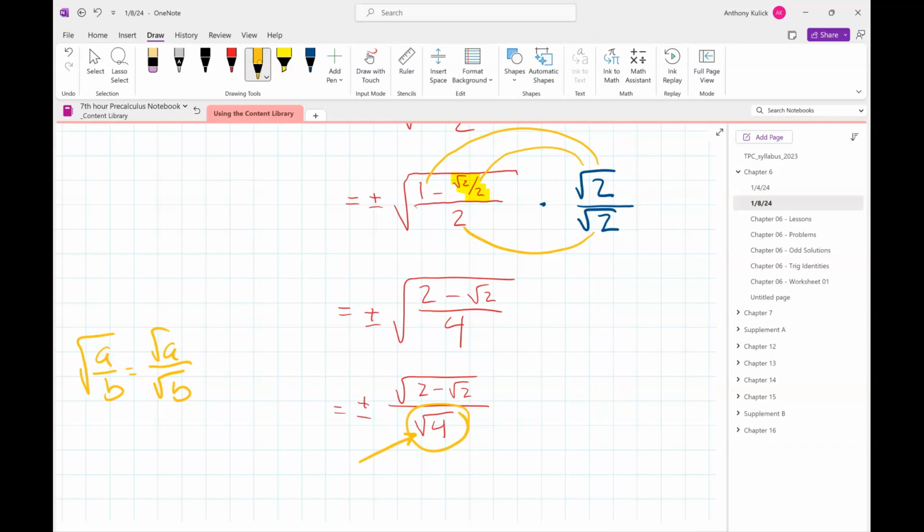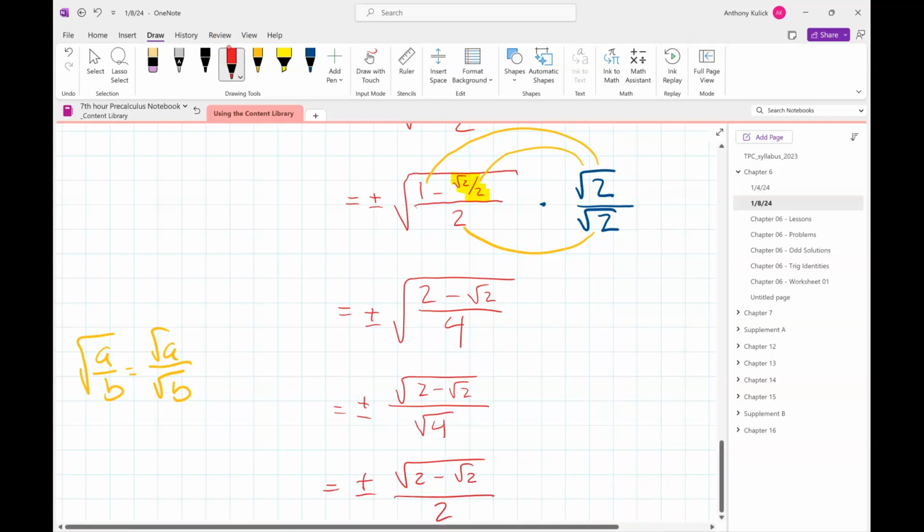Okay, but what could I do with it? The square root of 4 is 2, right? I don't have to rationalize the denominator or anything. I don't have to do anything funky there. I just have to simplify the radical, right? Isn't that nice? Took care of the radical in the denominator.